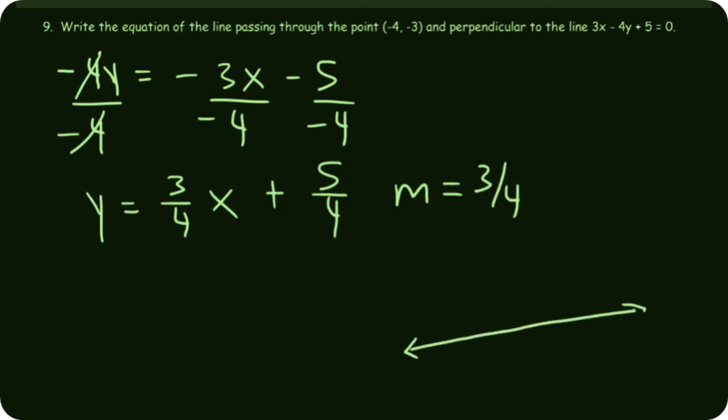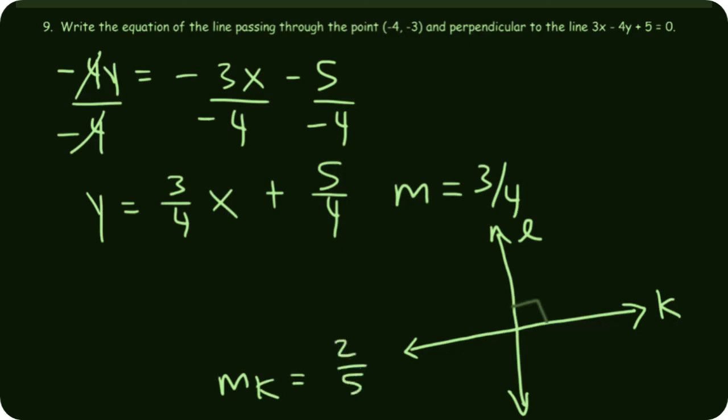Now let us say we have two lines, line K and line L, and let's say that these two lines are perpendicular, which means that they meet at a right angle or a 90-degree angle. Now let's say that the slope of line K is 2 over 5. What do you think is the slope of line L?